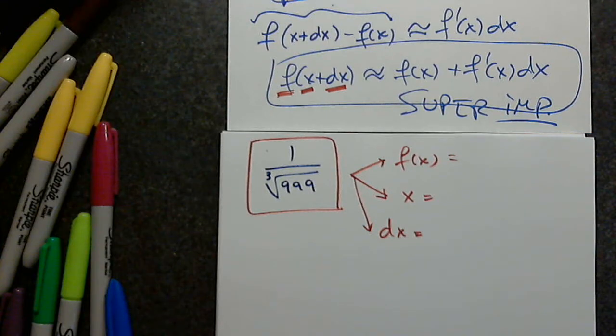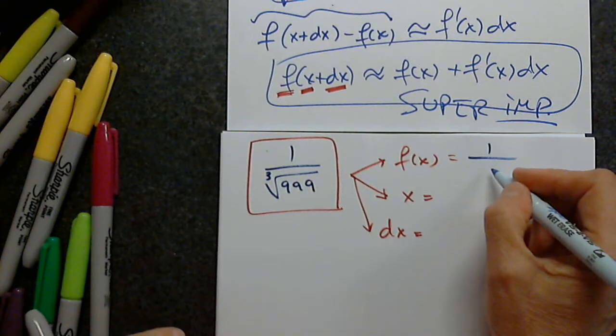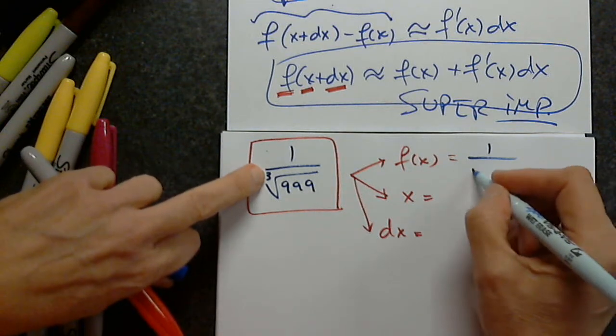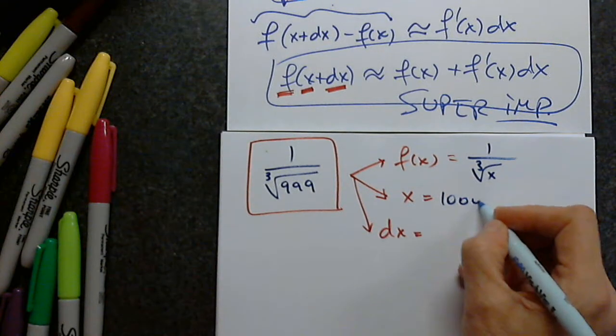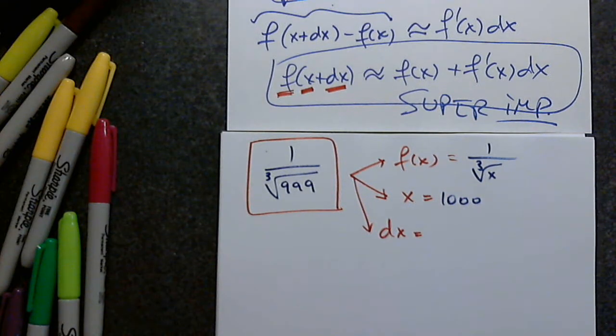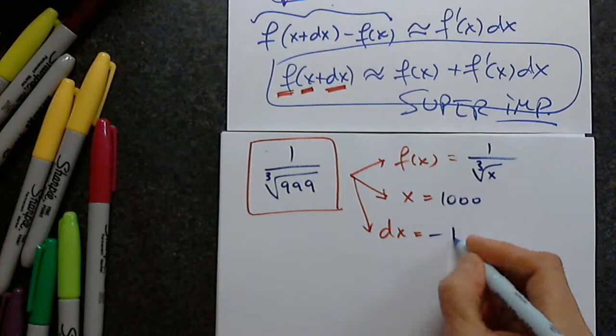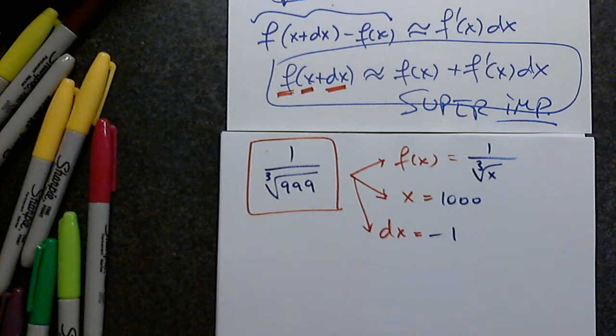Would it be f of x equals 1 over the cube root of x? How much is x? 1,000. Exactly. And what is the minor change? Careful. -1.